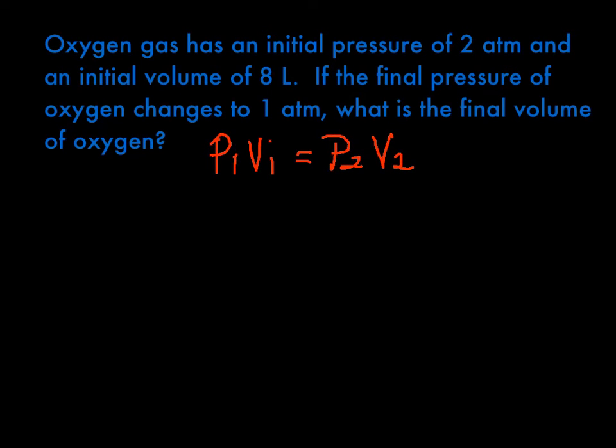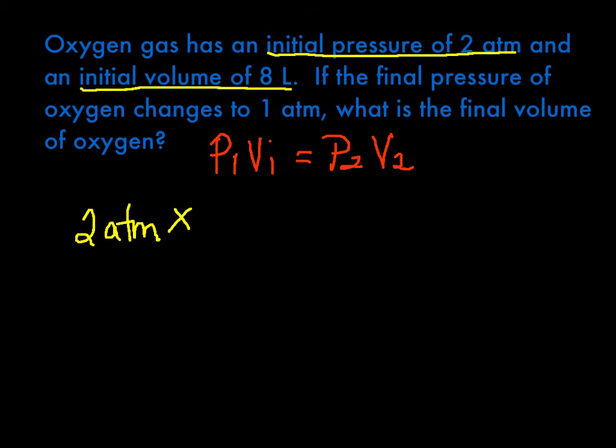Now it states here that our initial pressure is 2 atmospheres, so P1 is going to be 2 atmospheres. And we're going to multiply that by our initial volume, which is 8 liters.